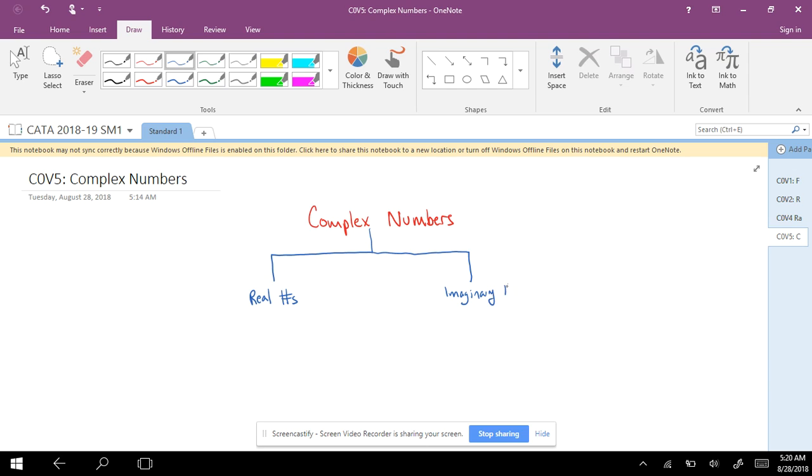Complex numbers take the form a plus bi. So a real number would be an example of just a, where b equals 0, and imaginaries would be bi, where a equals 0.